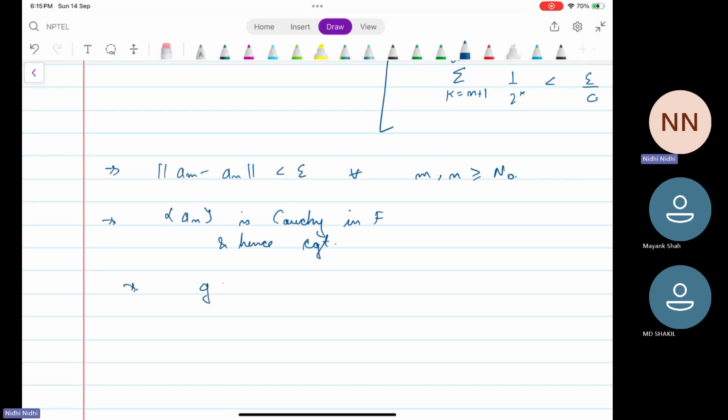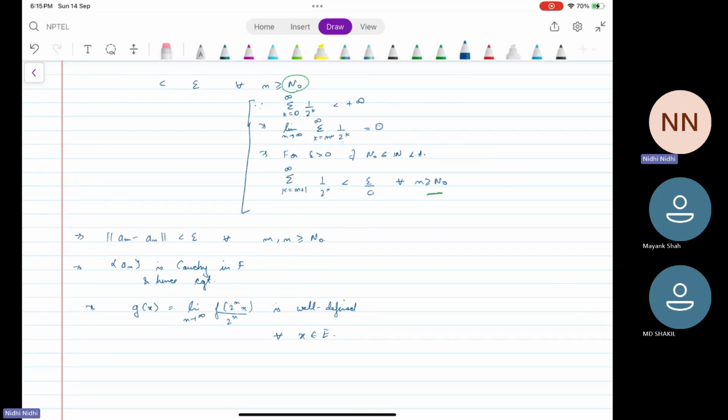This implies g(x) equal to limit n tending to infinity of f(2 to the power n x) upon 2 to the power n is well defined. Since we started with some arbitrary x, I can write this for every x in E. Hence the function g is well defined.